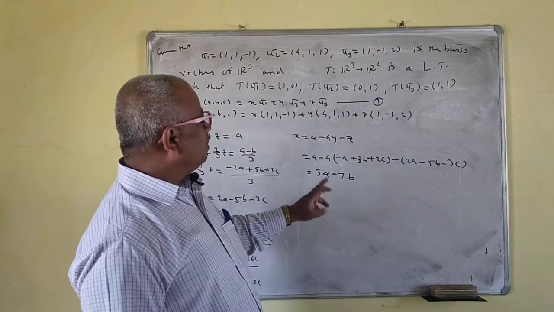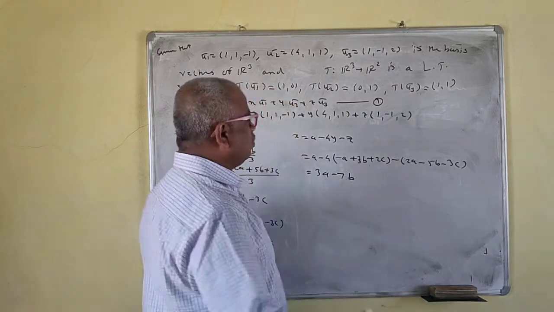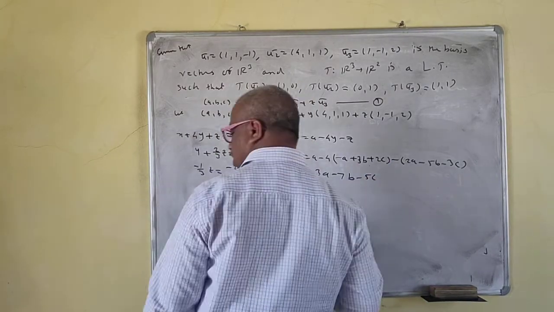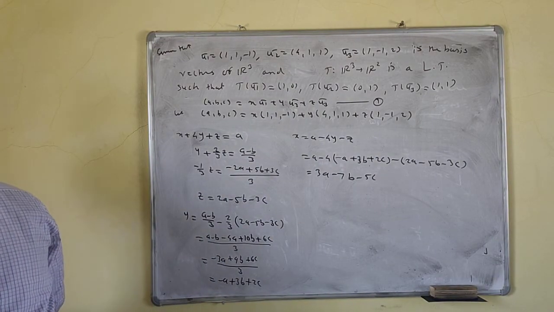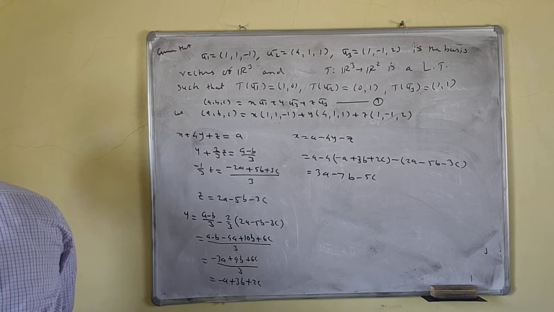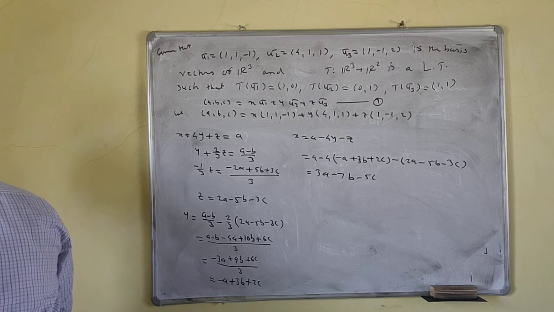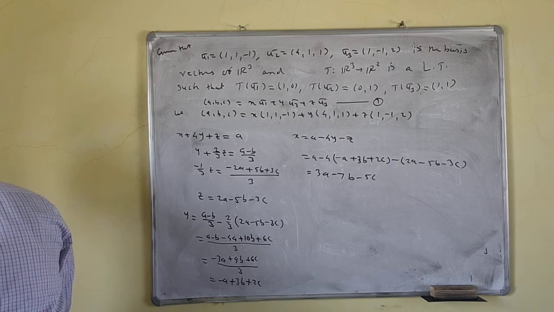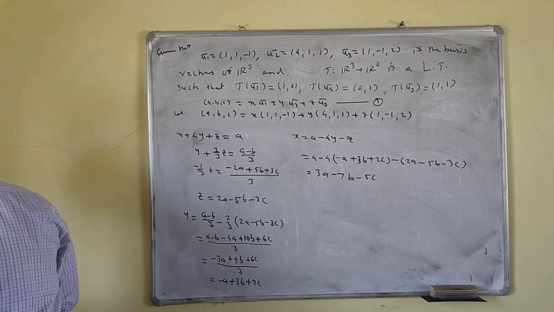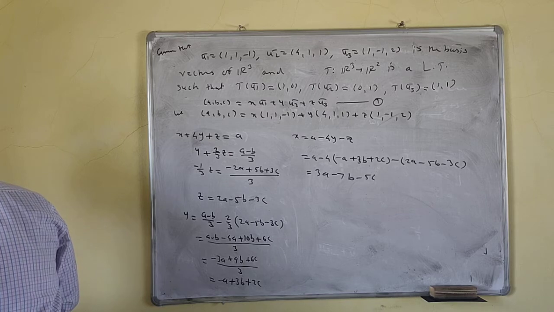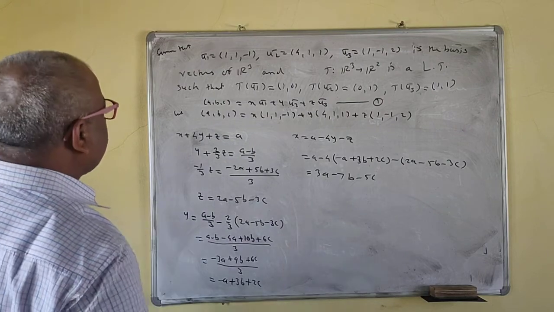Now we collect c: minus 8c plus 3c, so this is minus 5c. So you get the values of x, y, z.